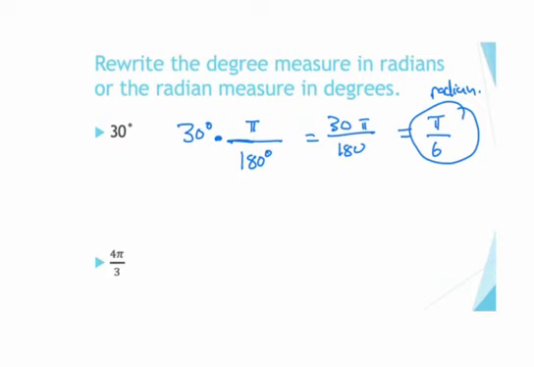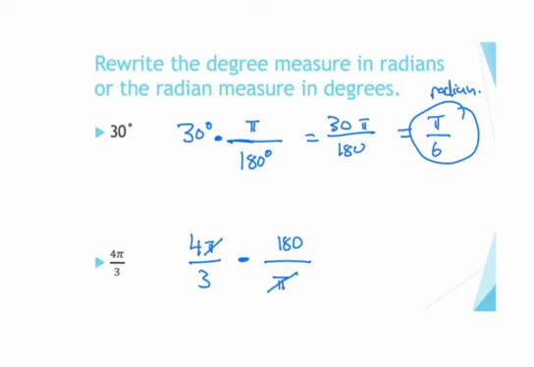All right, now this one, we begin with a radian measure, and we're going to finish with a degree measure. So start with 4 pi over 3. And now I'm just going to write this exactly the opposite of what I wrote here. I'm going to put my radian measure down in the denominator, and I'm going to put my degree measure in the numerator. So the radians go away, and I'm left with degrees.